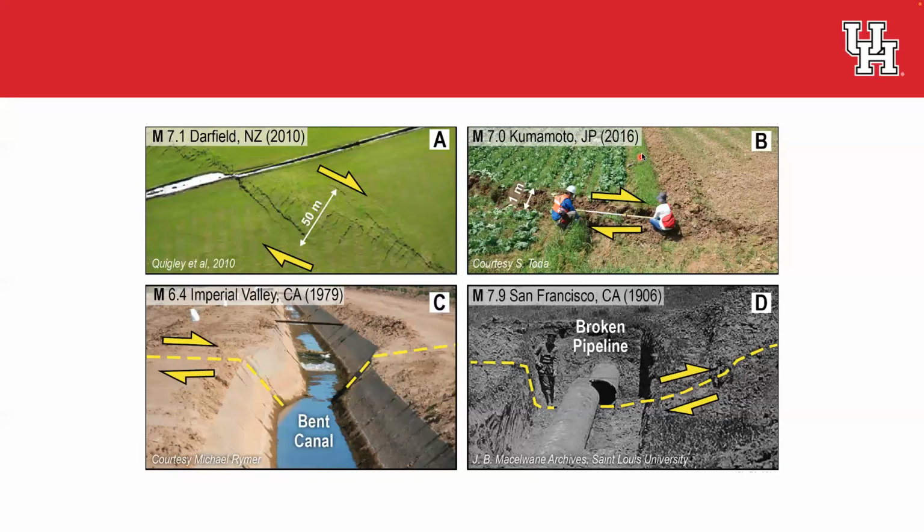If we look at the Kumamoto earthquake in Japan, the earthquake deformation is actually constrained to a zone only 1 meter wide. And maybe even more telling, if we look at these two earthquakes, and these are both on the San Andreas Fault in California, just in two different locations. In the Imperial Valley, we have a canal, and you can see that the wall wasn't broken, it was just bent.